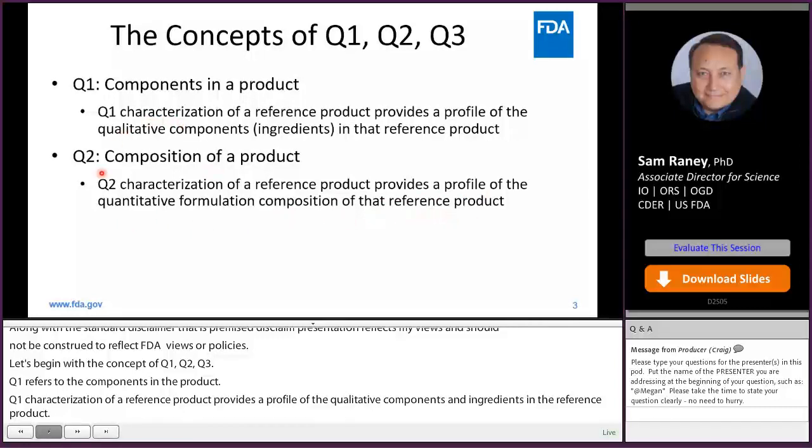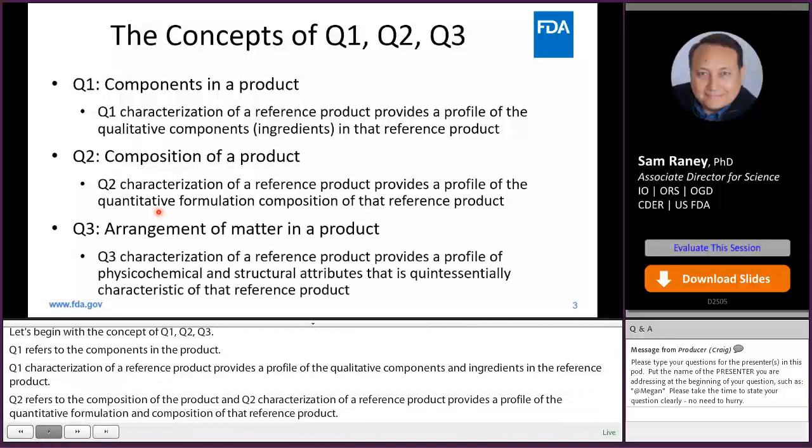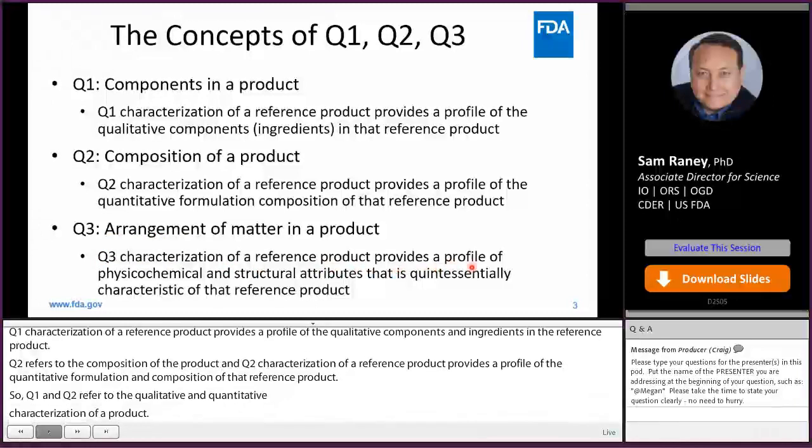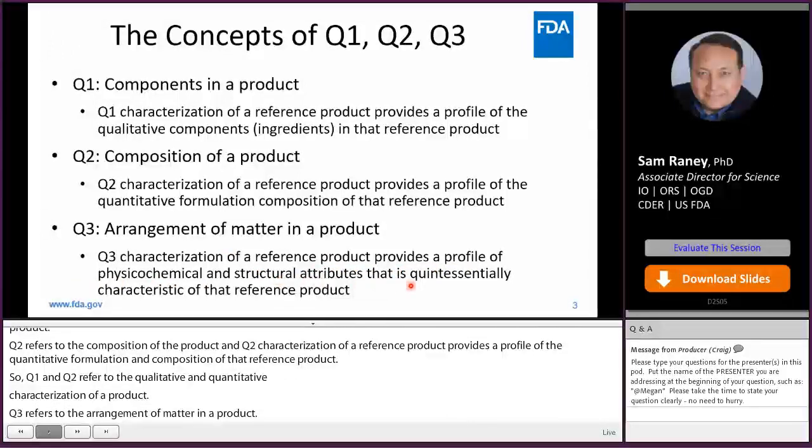So Q1 and Q2 refer to the qualitative and quantitative characterization of a product. Q3 refers to the arrangement of matter in a product, and Q3 characterization of a reference product provides a profile of physicochemical and structural attributes that is quintessentially characteristic of that reference product.